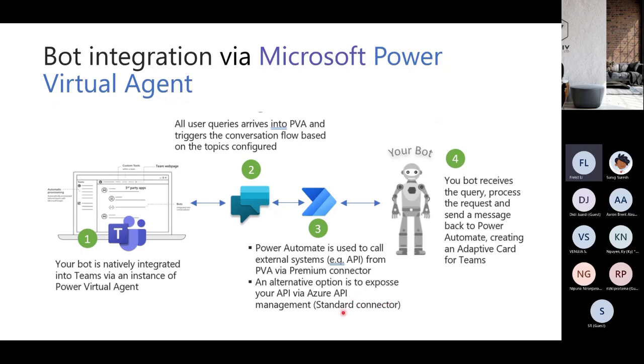For other APIs, you can just use a standard connector. That's okay. So this provides a very rapid way if you want to create the message bot application and provide Q&A functions.